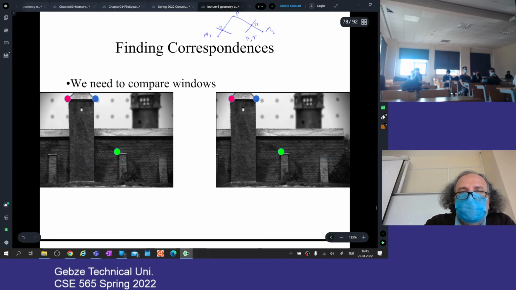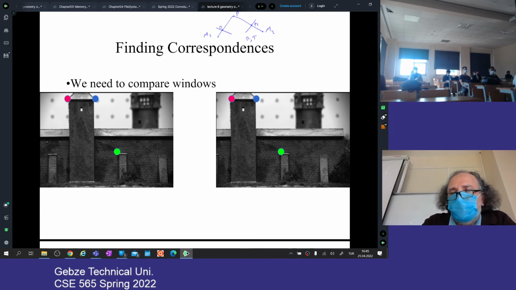See, the corresponding point for this red is here, this one is here, this one is there. It is always on the same line. So rectification is done. I don't care about the fundamental matrix anymore. I don't care about the matrices anymore. I am looking at the images, purely an image processing thing now, image-based stuff.